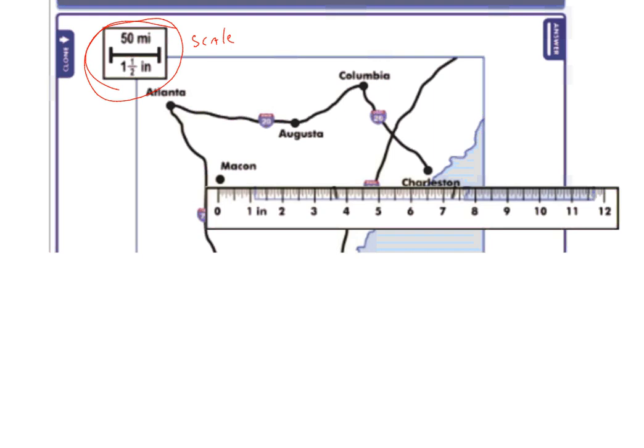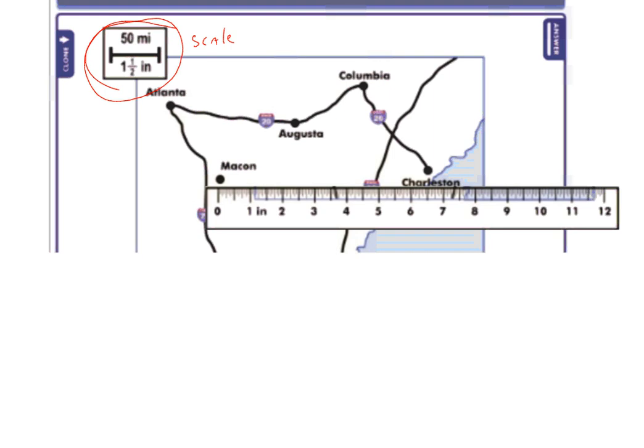Remember, scale, it's a ratio to the actual. Now, if we made the map the actual size, it wouldn't be big enough. You'd fold it up, it still wouldn't fit in your car, right? Obviously. And so there's a scale that tells us, and in this it says 50 miles is 1.5 inches. So every 1.5 inches on this map is 50 miles.